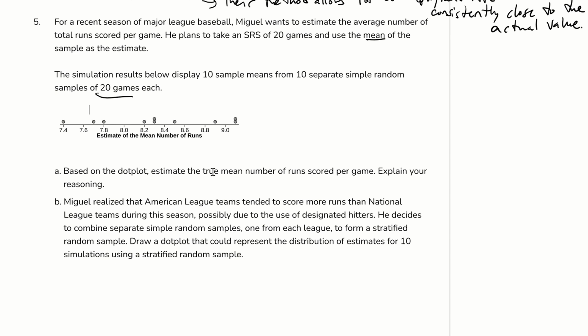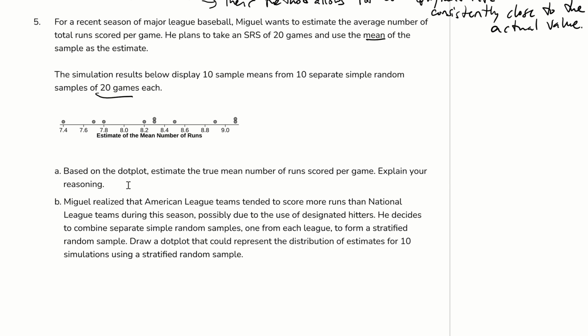Based on the dot plot, estimate the true mean number of runs scored per game. Explain your reasoning. Okay, so this is called a sampling distribution of sample means, all right? Because we took a sample, and each dot that we selected is a sample of 20 games that we took the sample mean of, right?